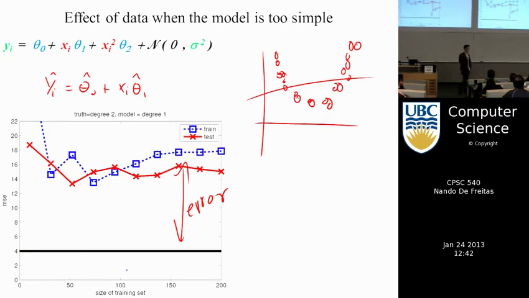It's impossible. It doesn't have enough degrees of freedom. Because of that, we see that there is a systematic error, a bias error, always. It's impossible to get rid of this error with a linear model.